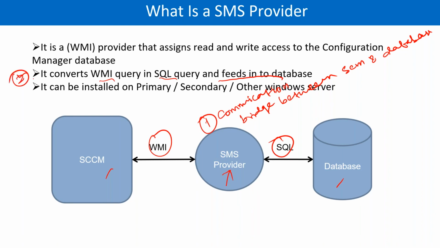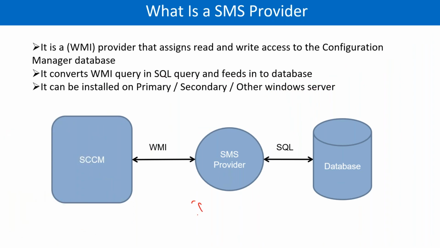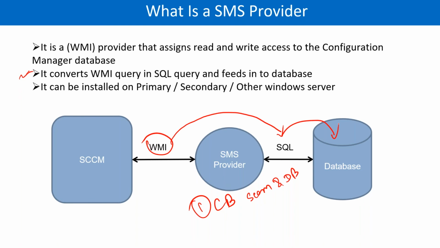First point, it's a communication bridge between SCCM and database, right? Second point is it converts WMI query into SQL query. So whatever WMI query we have, it will convert into SQL and then feed into the database.